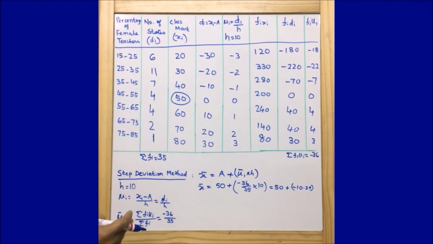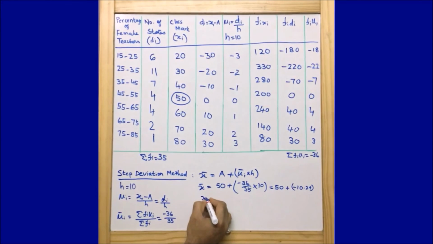So if you round it up, you will get minus 10.29. Or I can write mean is equal to 50 minus 10.29, or mean is equal to 39.71. So guys, you could see that we are able to find out the value of mean, and we got the value of mean as 39.71 using the step deviation method.